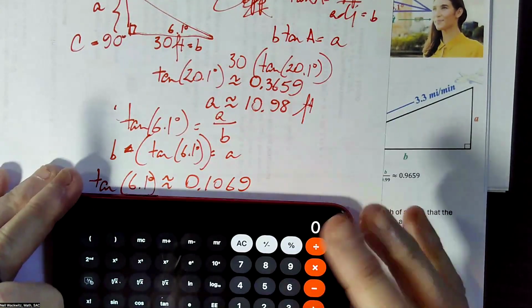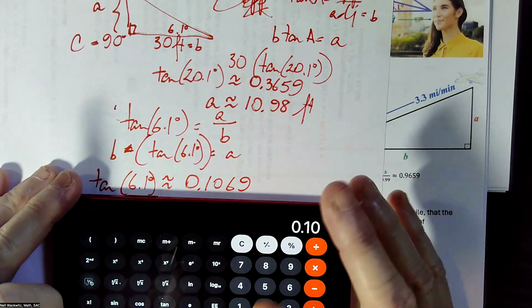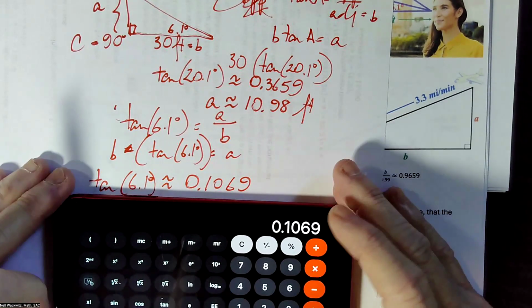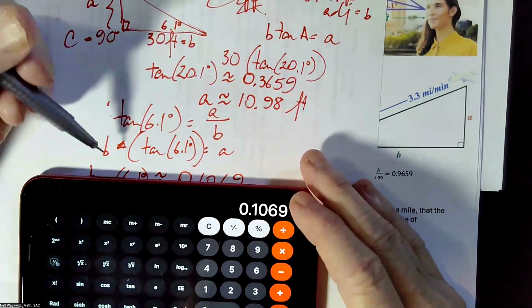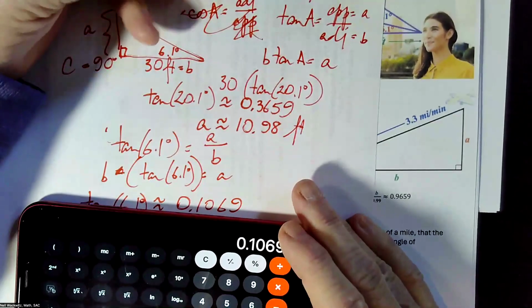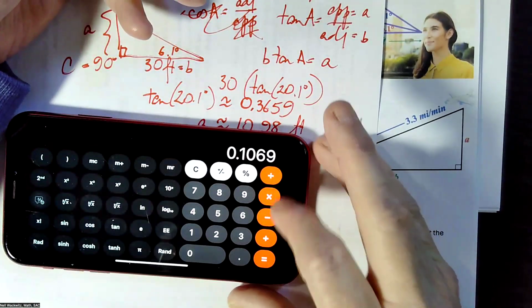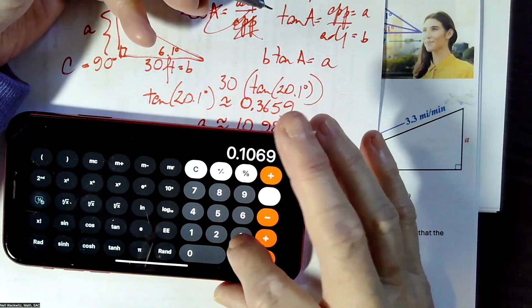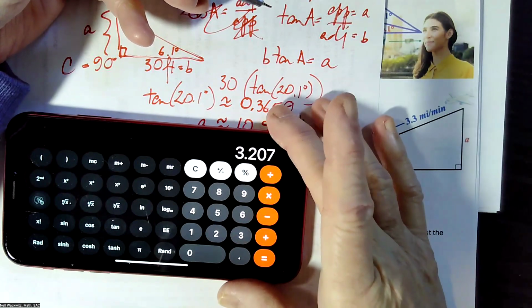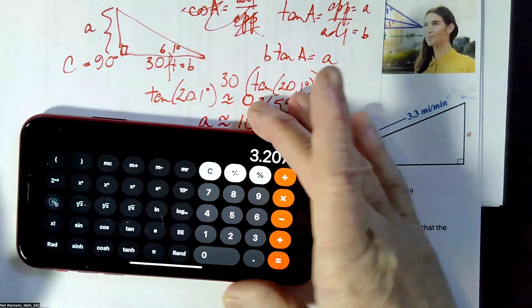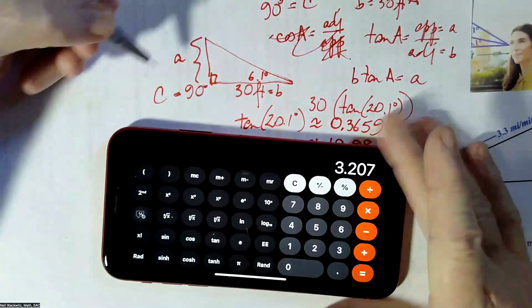So we have 0.1069 times B, which is 30, times 30. We get 3.21.